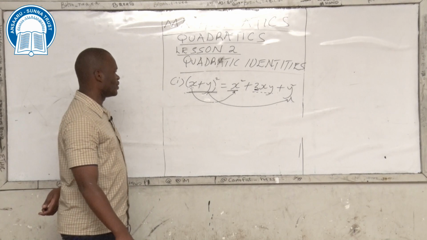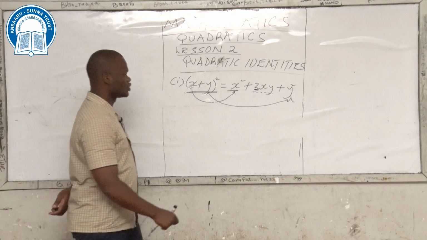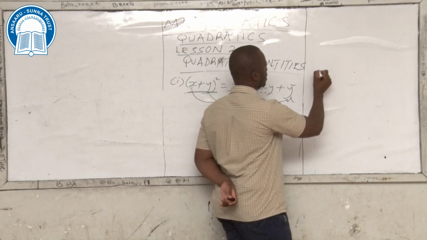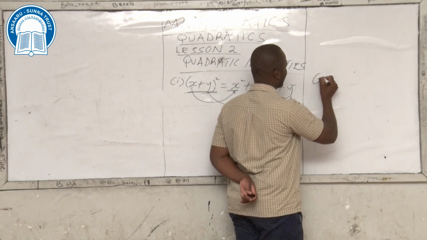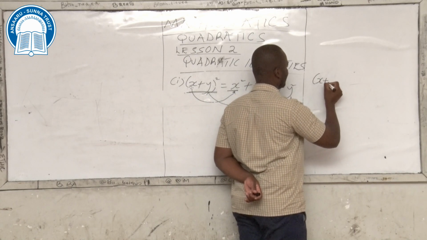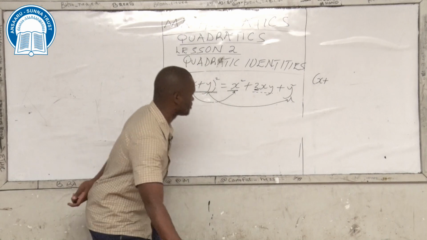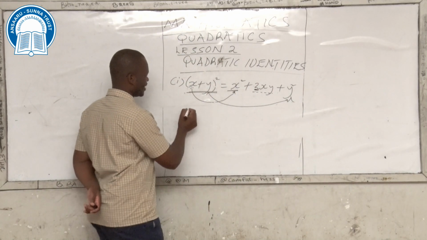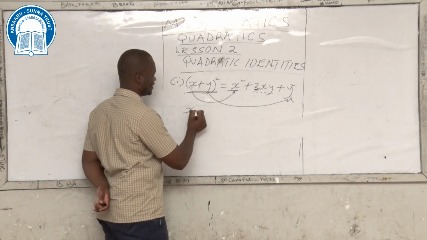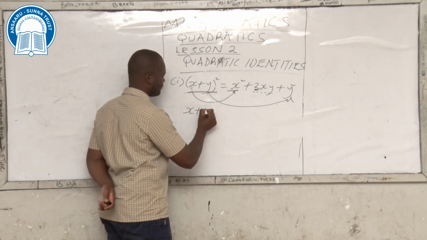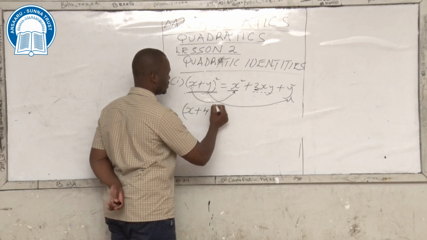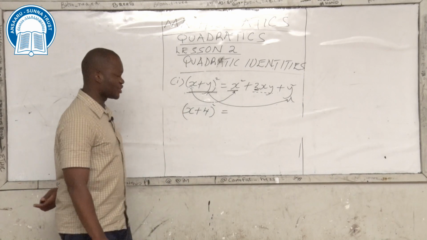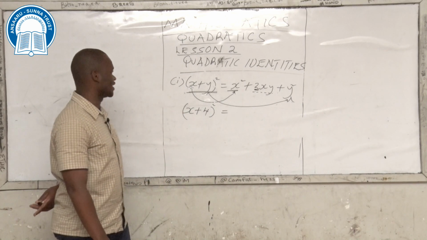So, as an example, you are told to expand x plus 4 squared, of course, using the quadratic identity.